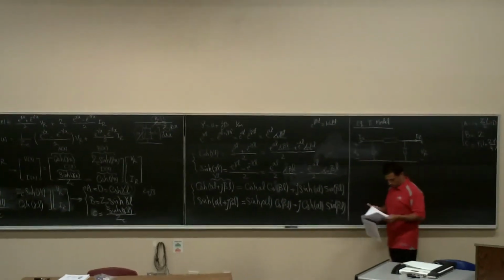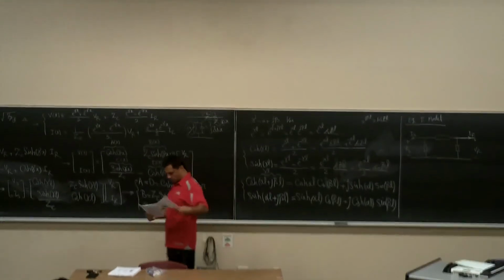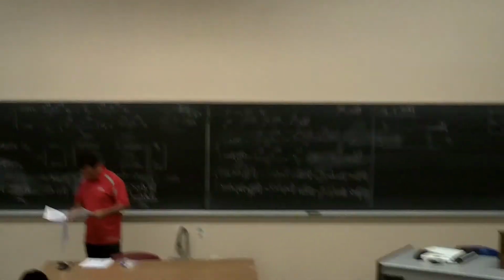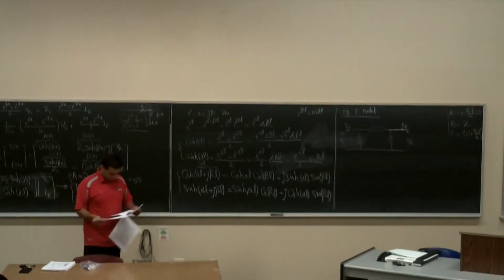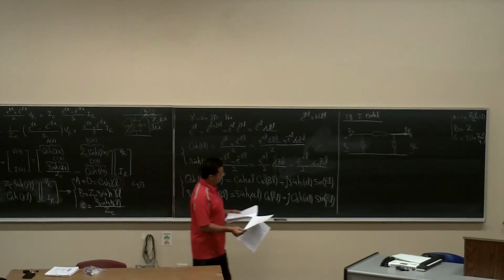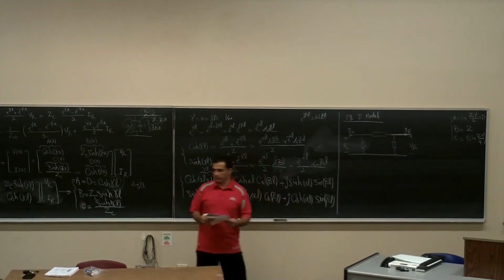If you check this one, let me double check it to make sure. Yeah, that would be 1 plus zy over 2 z, right? That was what we had for the medium line, right?